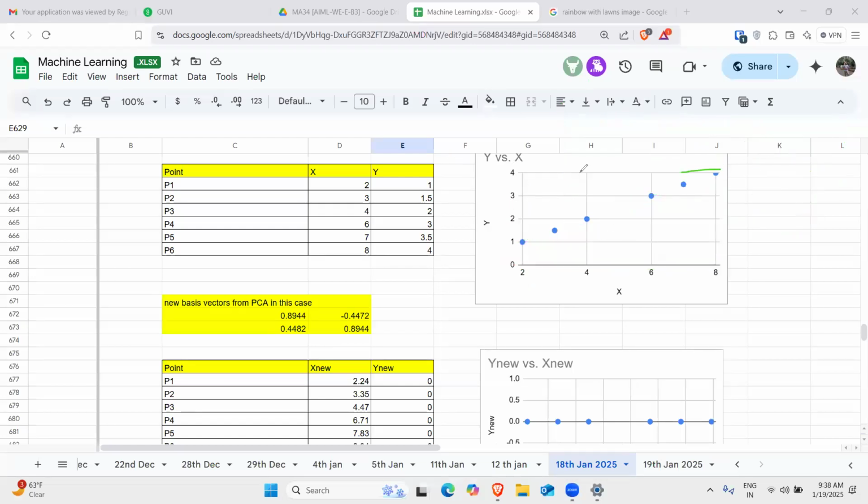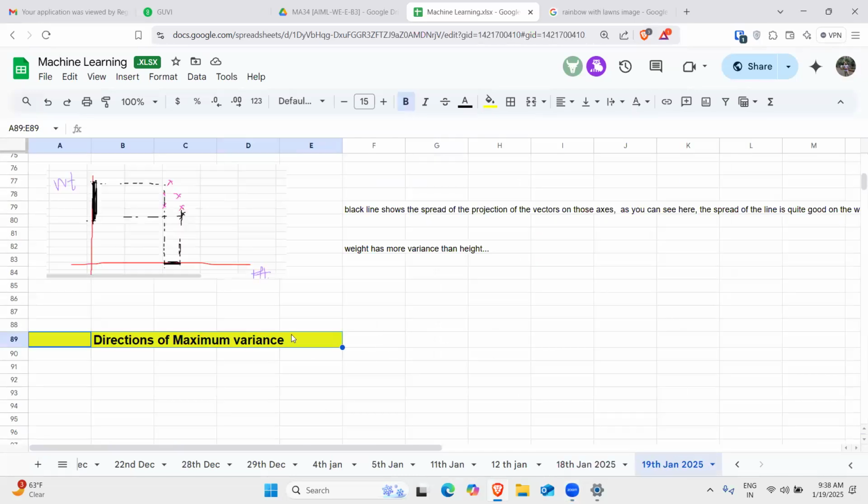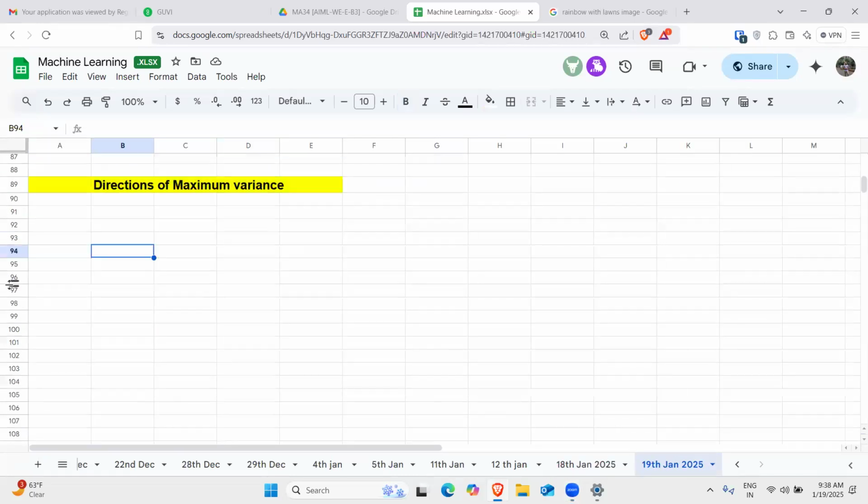Suppose on the y axis, this is your variance, and on the x axis, this is your variance. So we have two columns, and we want to reduce columns. So the idea here is to find the basis vector. We'll get a direction of maximum variance, and the other direction will obviously be zero. So that's the idea, to find the directions of maximum variance.